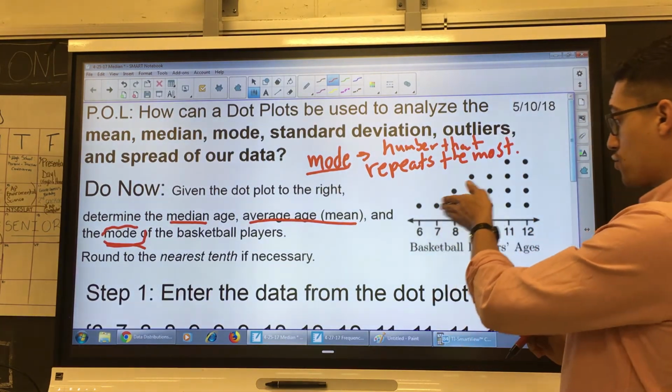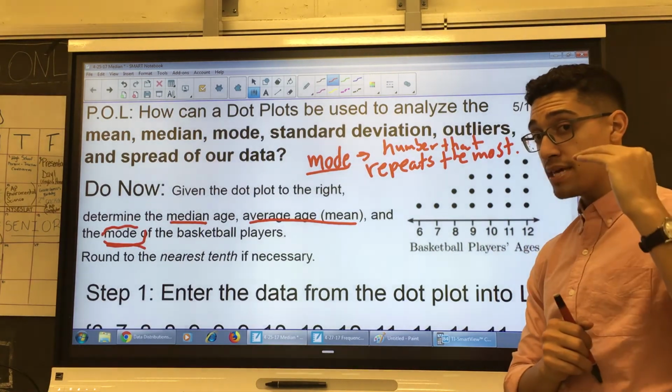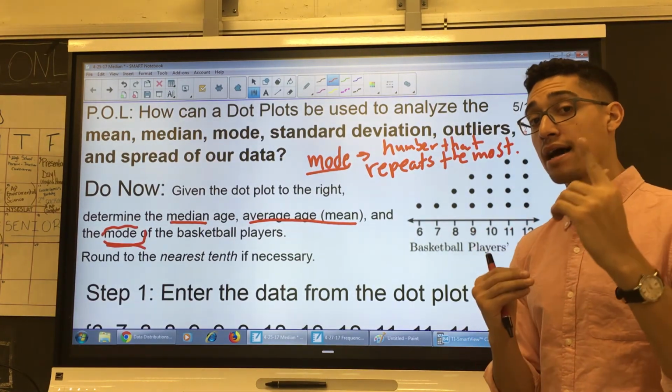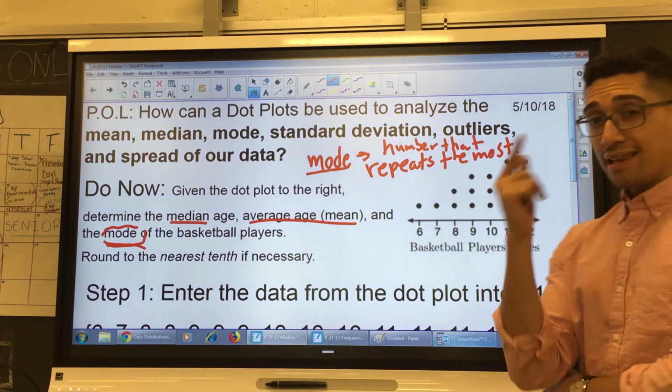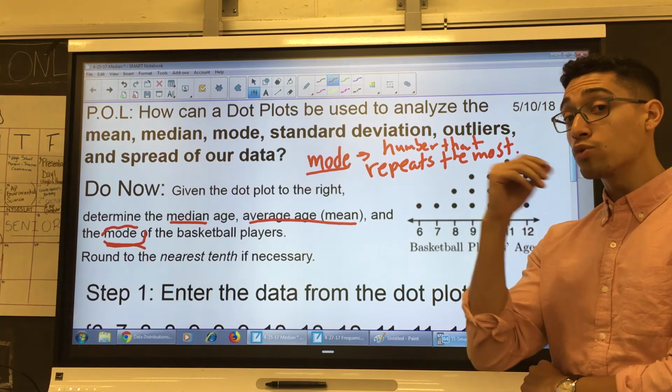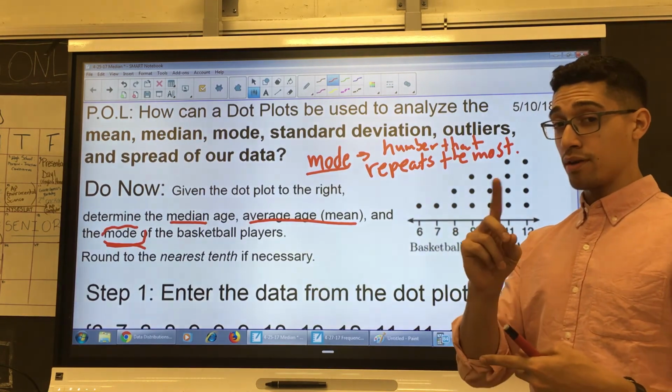You should see through this data, actually, there's 2 of them that repeat the same amount of times, the most amount of times. So if you analyze it, 11 and 12 are the modes. So sometimes you have more than one mode, sometimes there's only one.